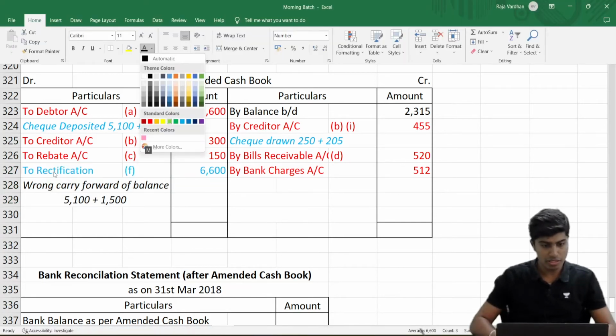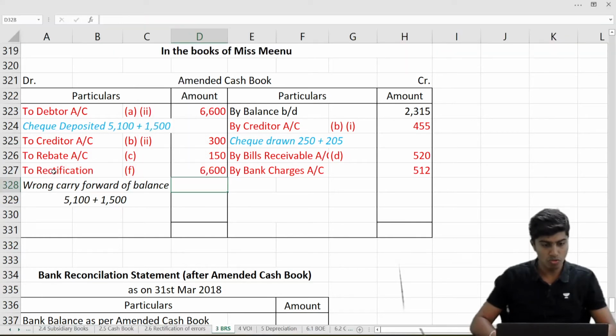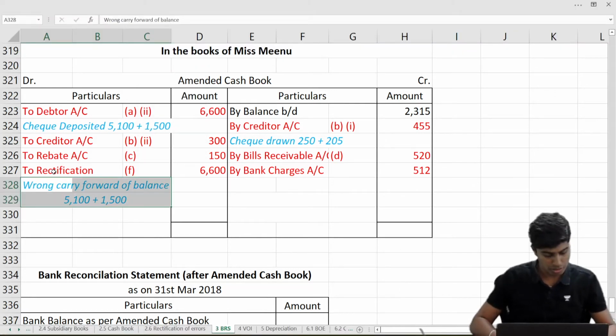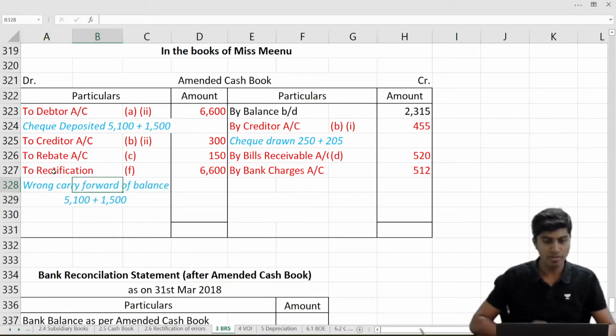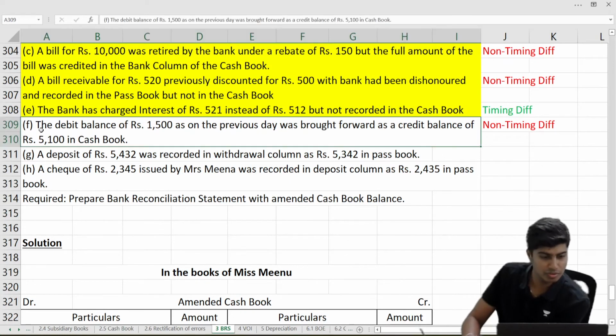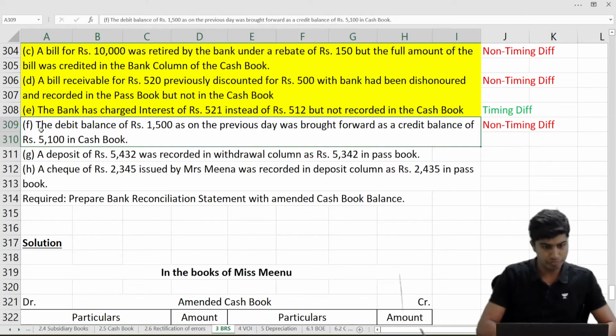Let me mark this, move to A, paint it red. Got it? Done. So this adjustment is also done.